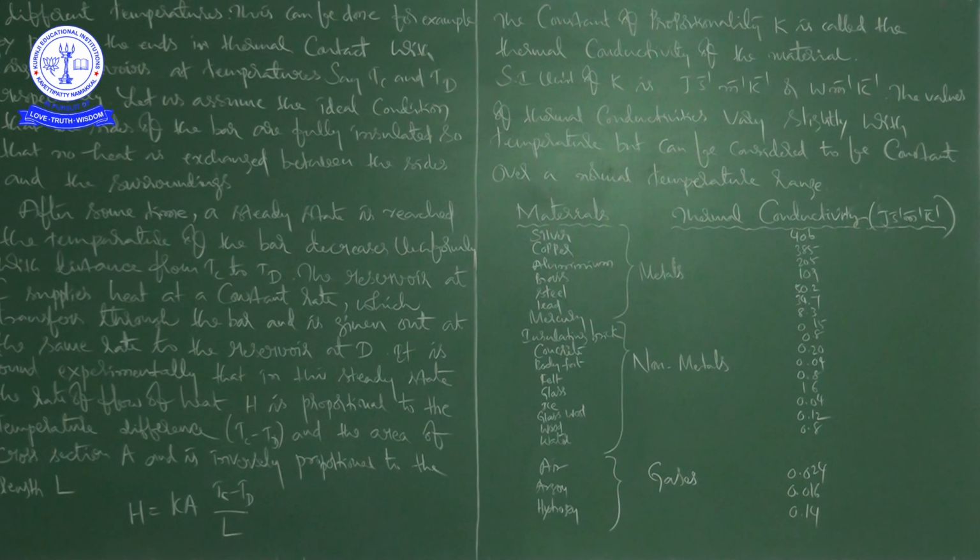In this table we have values of thermal conductivity for different materials like metals, non-metals, and gases. Based on this table you can conclude the usage of different materials in different practical applications.